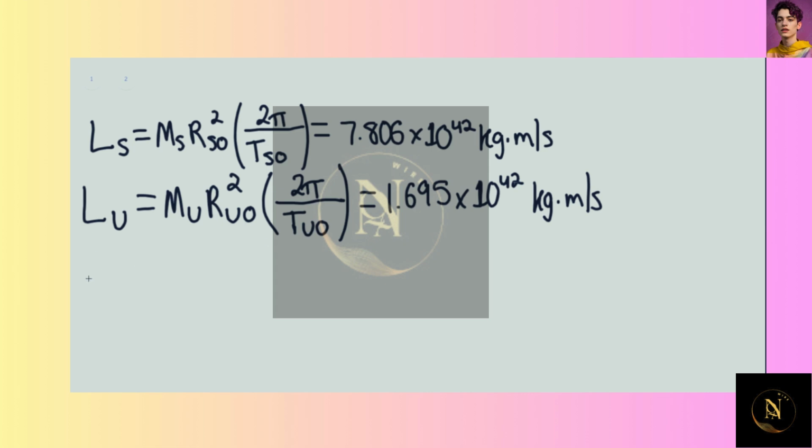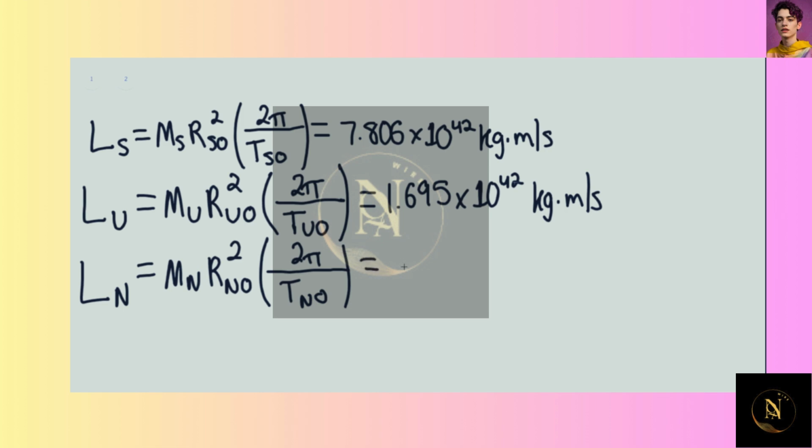And then the angular momentum of Neptune would be the mass of Neptune times the distance between the center of Neptune and the center of the sun, or we can say the radius of Neptune's orbit squared, multiplied by 2 pi over the period of Neptune's orbit. And this is going to equal 2.492 times 10 to the 42nd kilograms meters per second.